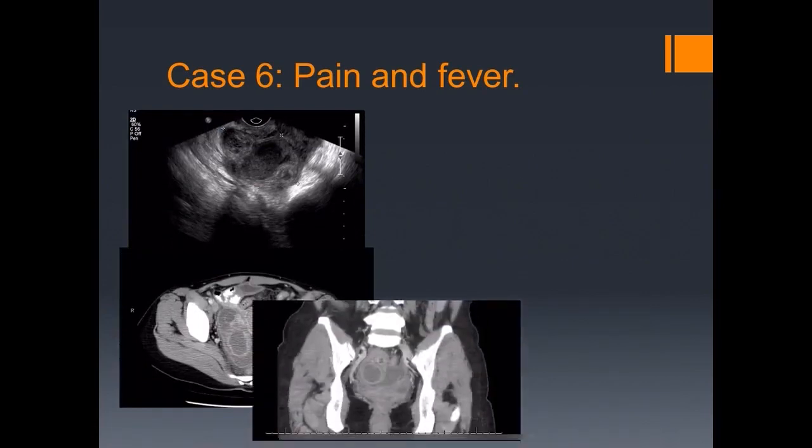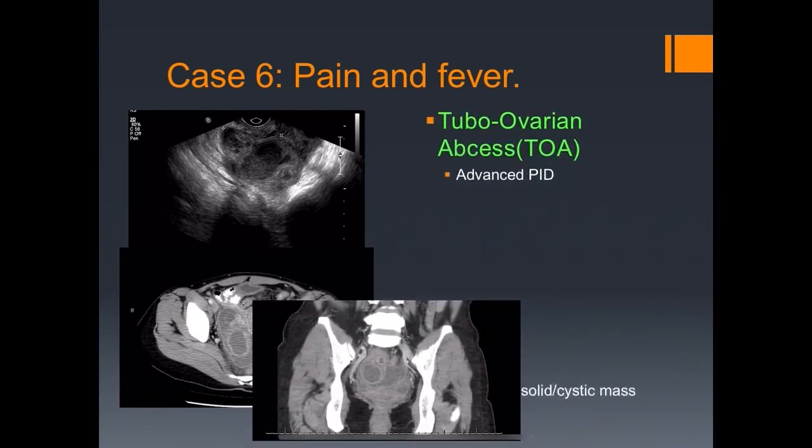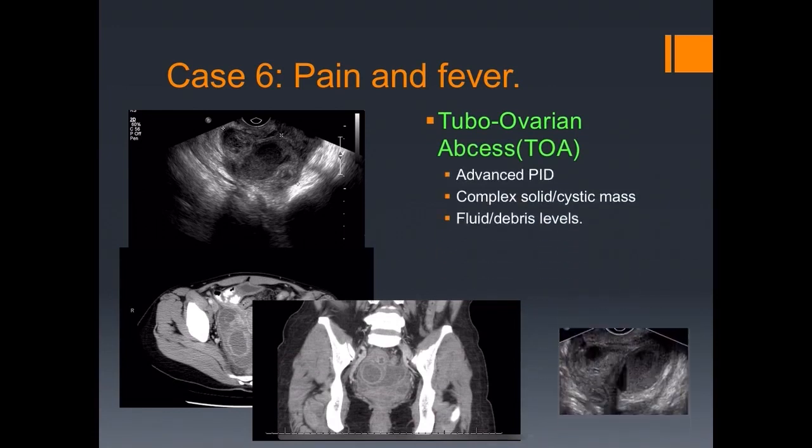So this turned out to be a tubo-ovarian abscess. Again, the IUD in place predisposes to PID. Complex solid cystic mass, fluid debris levels, as we had seen in this case. Fever, pain, and discharge. Rupture with peritonitis can happen. So important to treat these pretty rapidly.